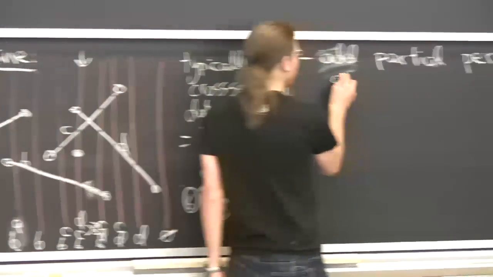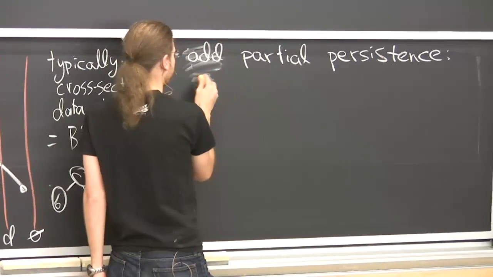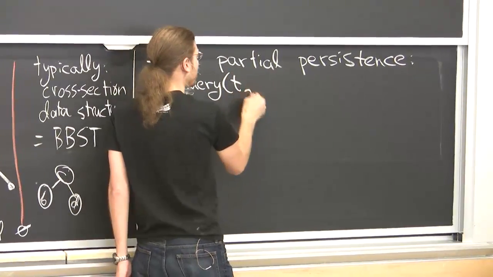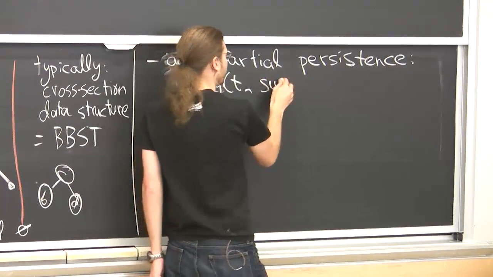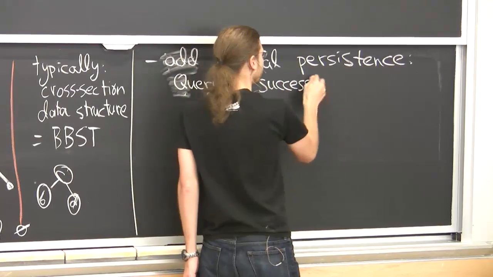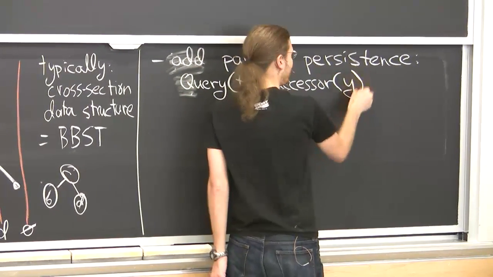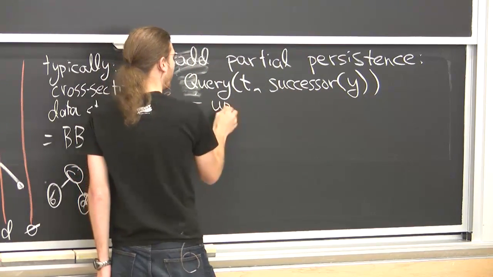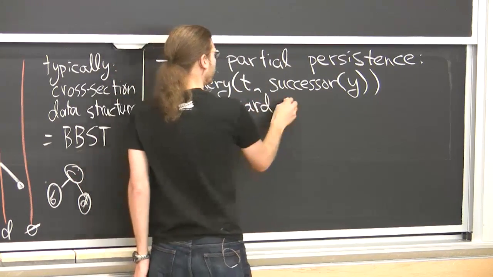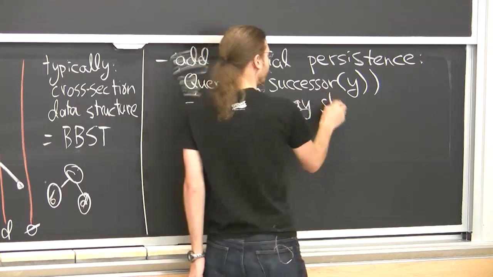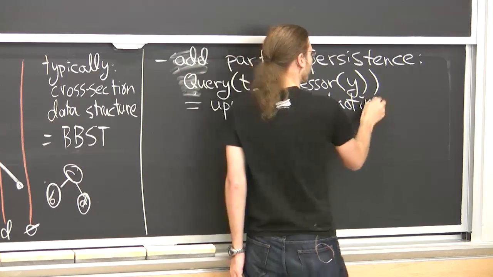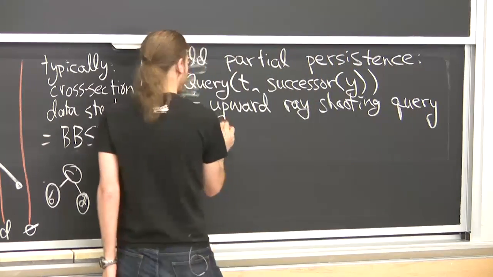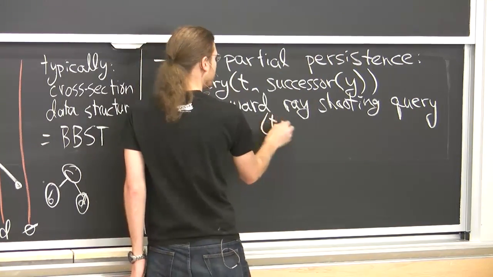Okay, so a query at time t of, let's say, successor of y is what we call an upward ray shooting query from coordinates t comma y.